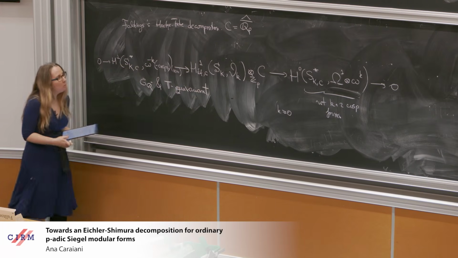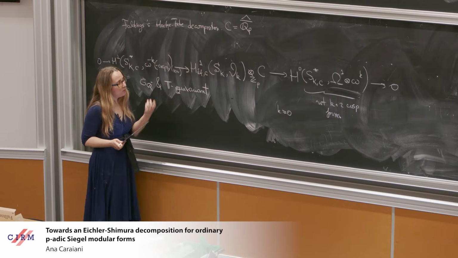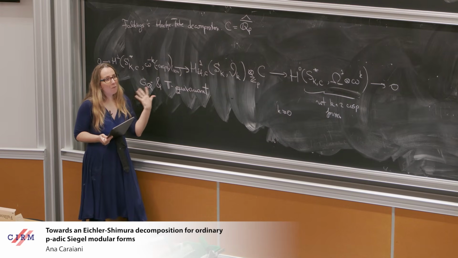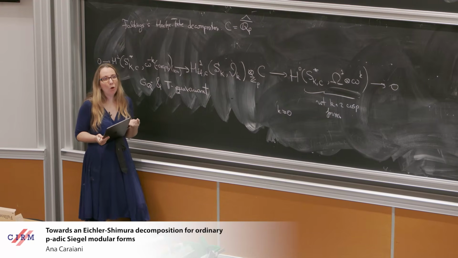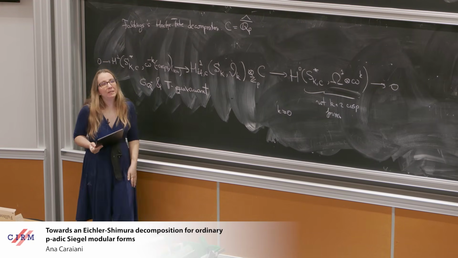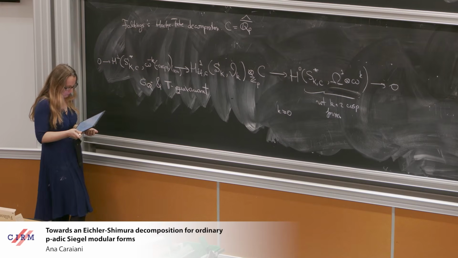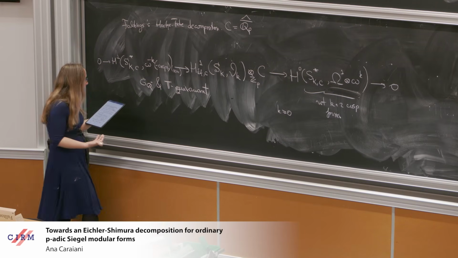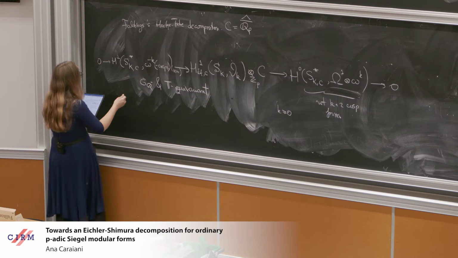All right, but both this étale cohomology, this with p-adic coefficients, and these coherent cohomology groups vary nicely in families. So of course, there are also versions in families of this kind of decomposition, like p-adic Eichler-Shimura. And the particular theorem that I want to generalize in this case of the modular forms is due to Ohta.